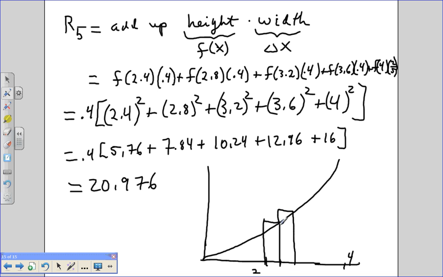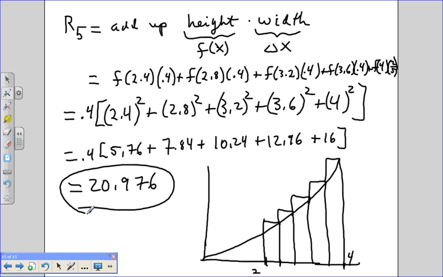In fact, each of these is going to be an overestimate. So this number, 20.976, is an overestimate, because we took right-hand endpoints.